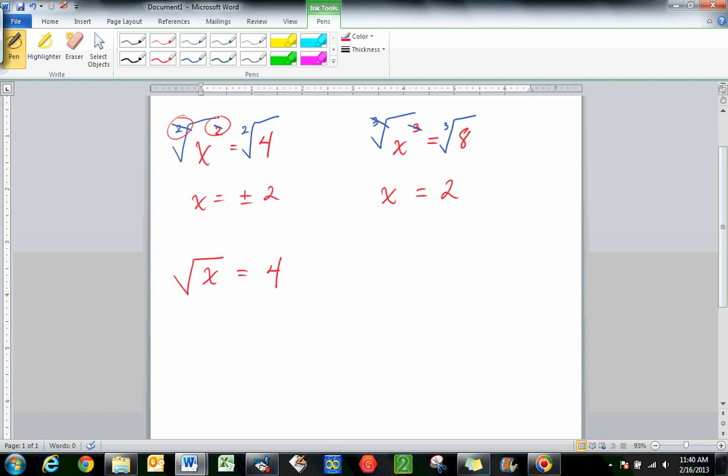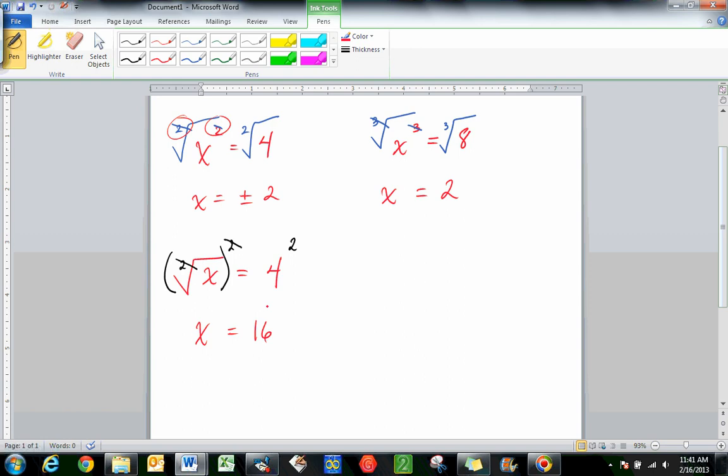So what we need to do at this point is, since we have a square root, raise this to a power of 2 so that the power and the root again eliminate each other. And of course whatever I do to one side I must do to the other side as well. So now the root and the power cancel each other out, and then 4 squared is simply 16.